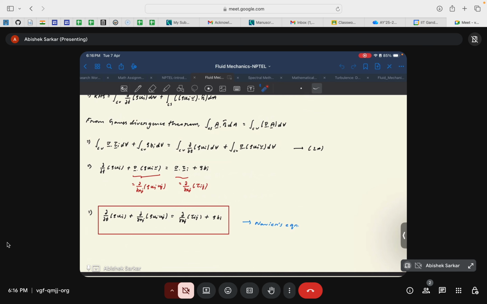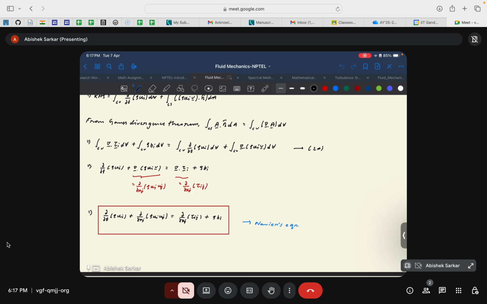Or in other words, if you take all these terms on the left hand side and carry forward the volume integration, the right hand side will become equal to 0. For any arbitrary shaped control volume, for this integration to be 0, the integrand must be equal to 0. Let me write it for your understanding.